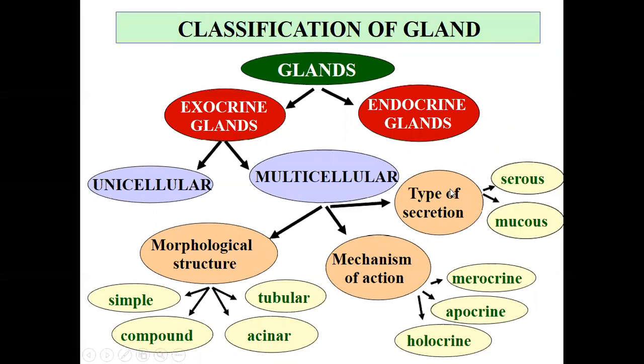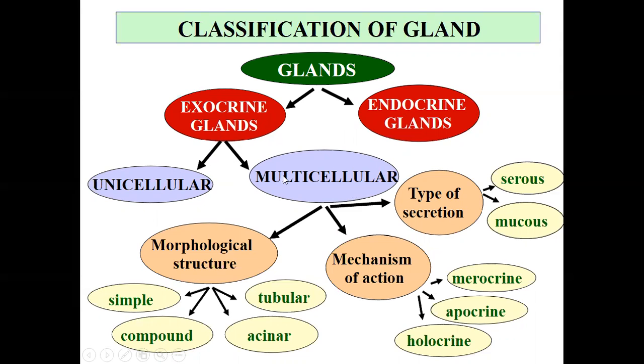Okay, how are we going to classify the gland? This is how we classify the gland. Just now I mentioned the gland is divided into two types, the exocrine gland and the endocrine gland, but here we focus more on the exocrine gland. The exocrine gland is divided into unicellular and multicellular.